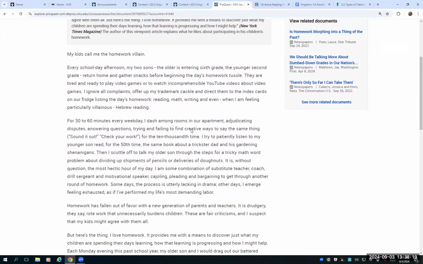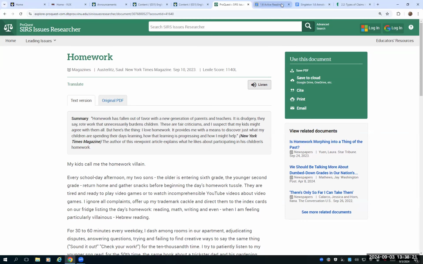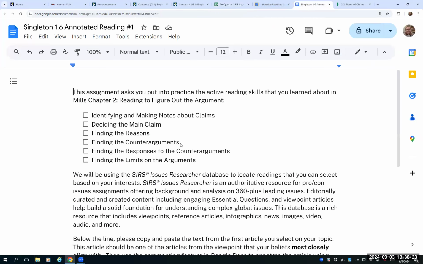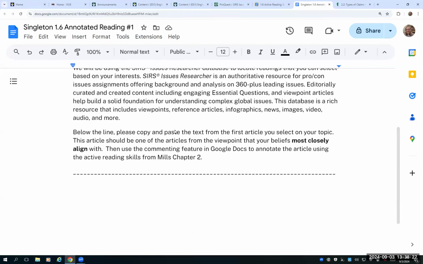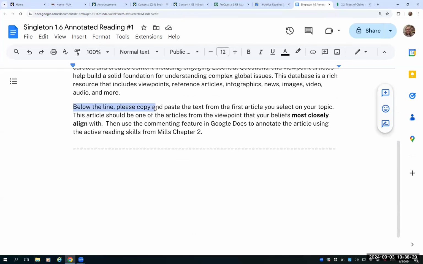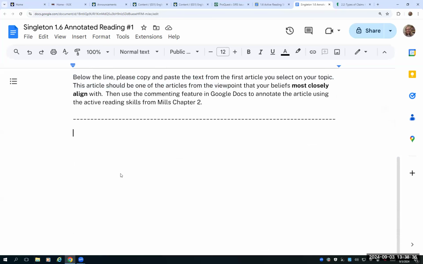Okay, so once you've got this article open, now we're going to go into your 1.6. We're going to start by going below the line here, and we're going to copy and paste the article below this line.